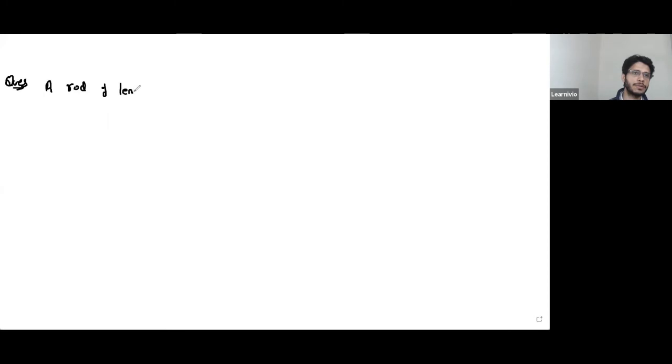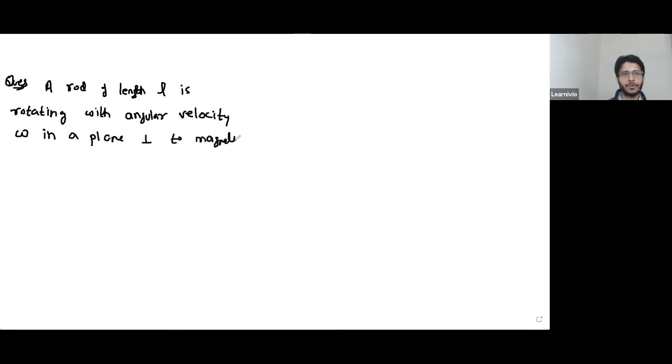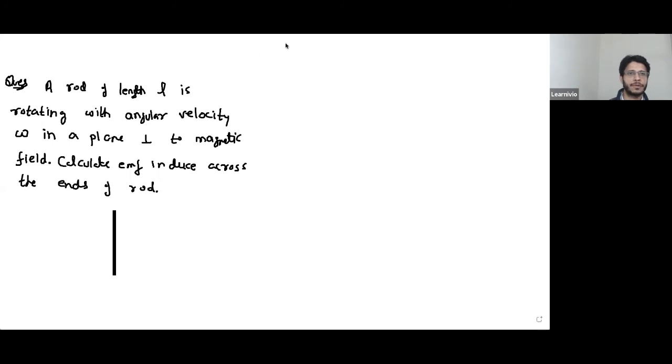a rod of some length L. This is the magnetic field. Magnetic field is inward.